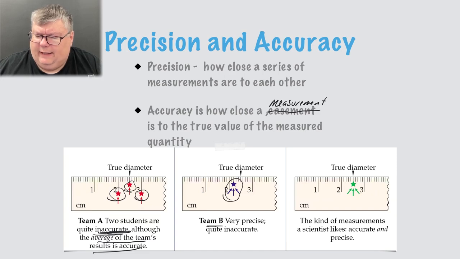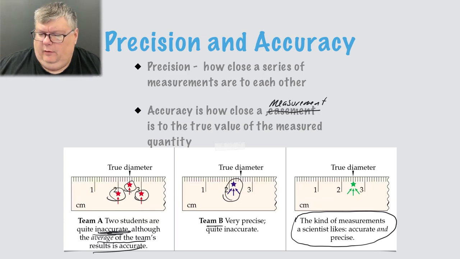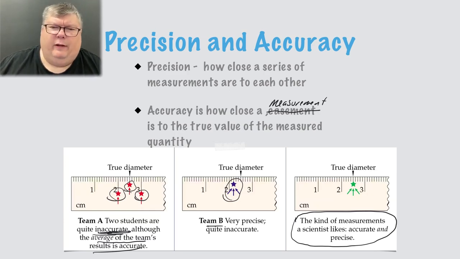Now, what we like as scientists are accurate and precise measurements. That's what we strive for, accuracy and precision. You can have one without the other, but you can't be certain of your results unless you have both precision and accuracy.